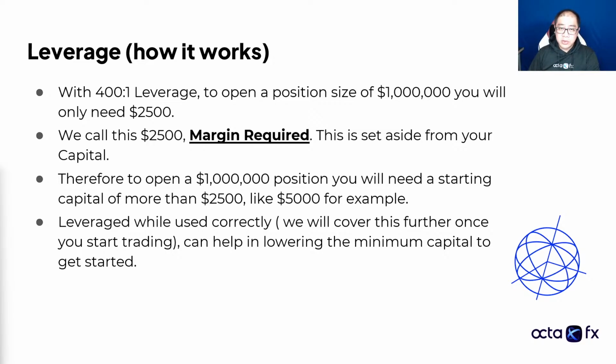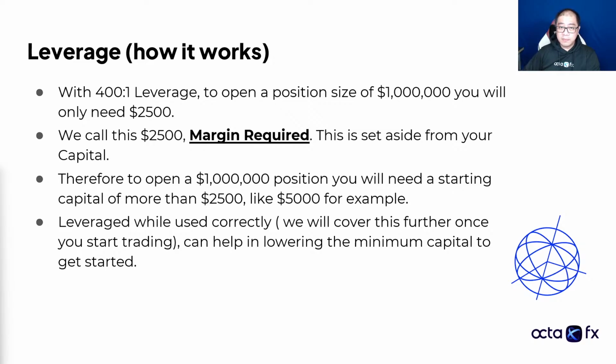So we call this 2,500 the margin required. This is going to be set aside from your capital. Therefore, to open a $1 million position, you will need a starting capital of more than 2,500, obviously, like 5,000, for example. Okay, because when you open that position, 2,500 is going to be taken out from your account.